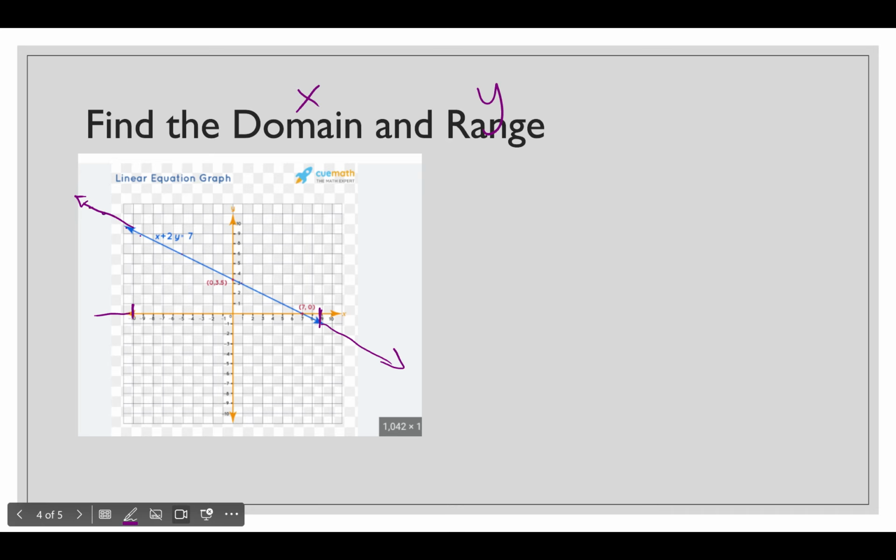We have ordered pairs all along this line, and we'll have X values at each of those pairs. So here, X can be any real number. With your Y values, it's the same idea. You might want to say it's between 10 and -1, but because this line continues to go, we'll always get a Y value. So Y can be anything.